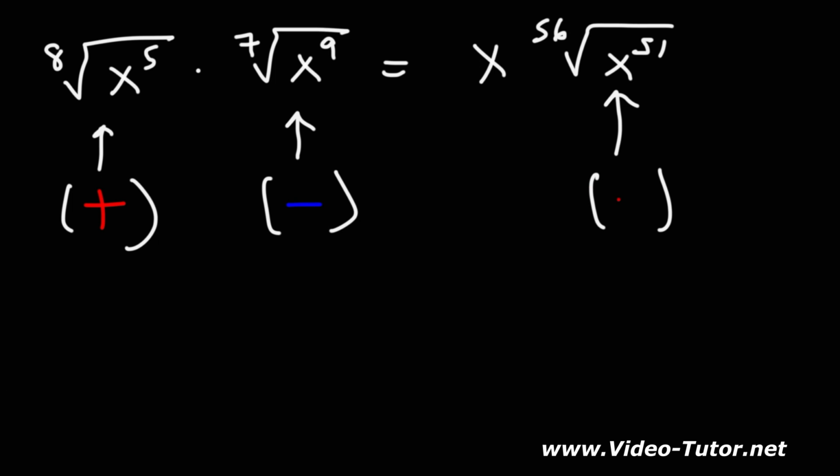But this term will only give us a positive result if we include the imaginary number. This part can be negative. But if we put the absolute value symbol around the x, then this entire term will never be negative. We can only get a positive answer or an imaginary number.